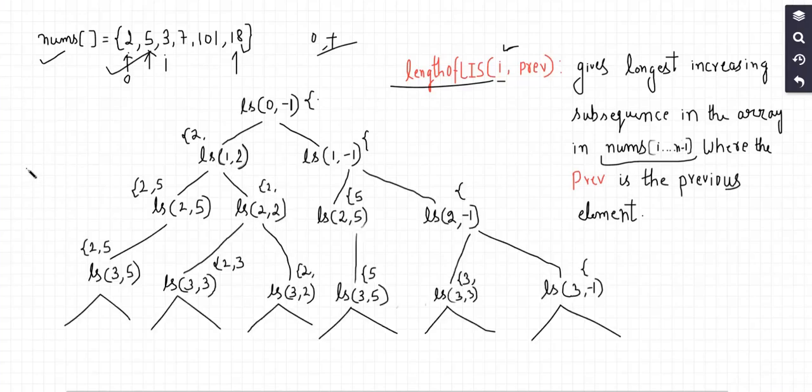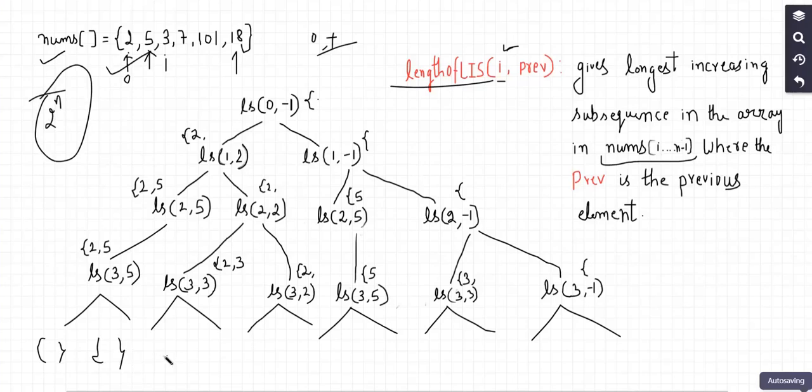In this way, finally we would have 2 raised to the power n subsequences prepared. So we would have some subsequences right here, and so on. All we have to do is to return the max length of these subsequences.